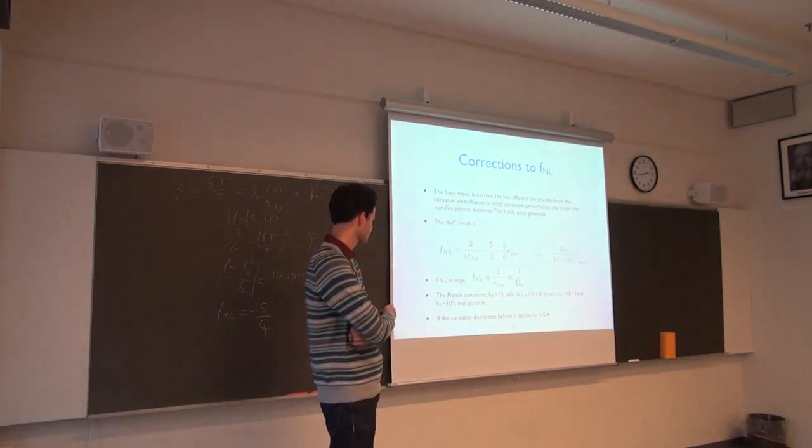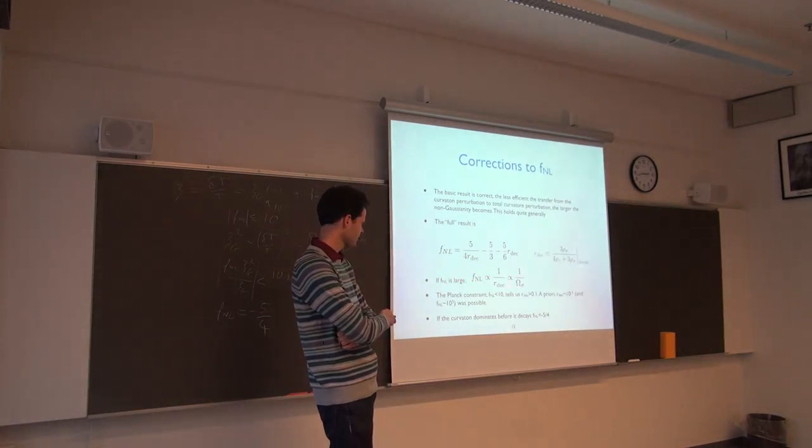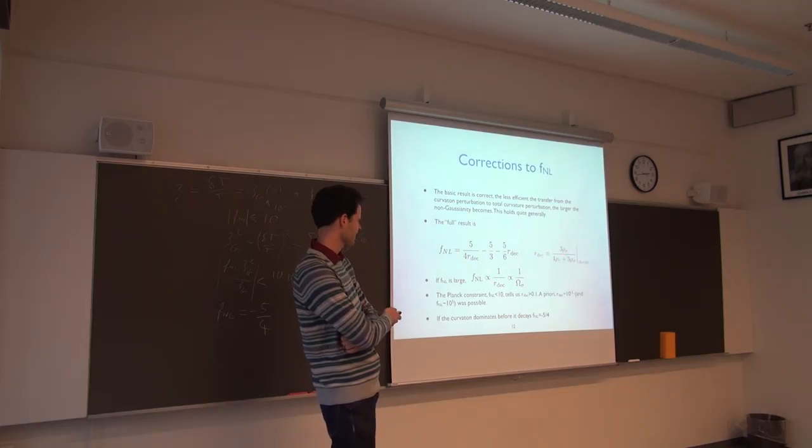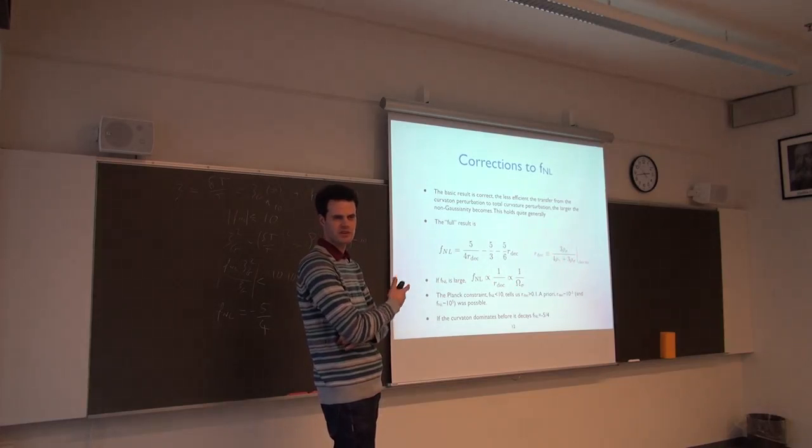Don't worry about the details. Importantly, if FNL is large, then omega sigma is small, and R decay is very similar to omega sigma. They're either both small or both of order 1.